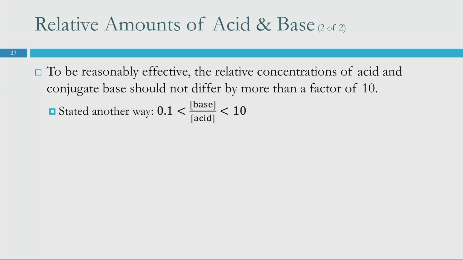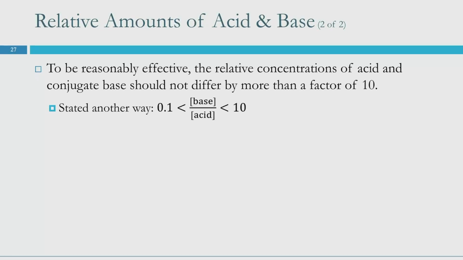To be reasonably effective, we should also have relative concentrations that don't differ by more than a factor of 10. So if we wanted to state that a different way, our ratio of base to acid should be at least 0.1 and no bigger than 10.